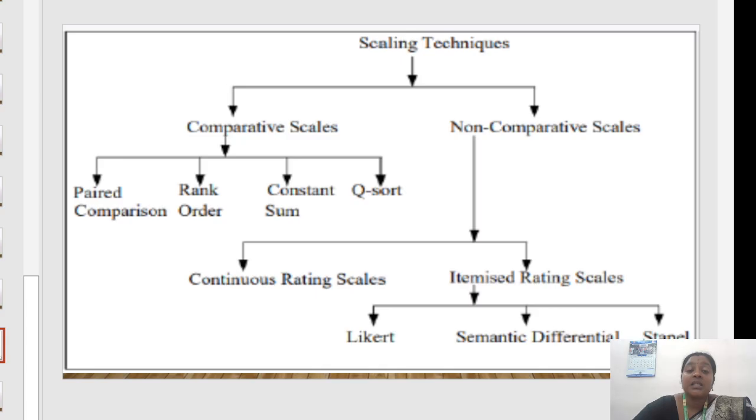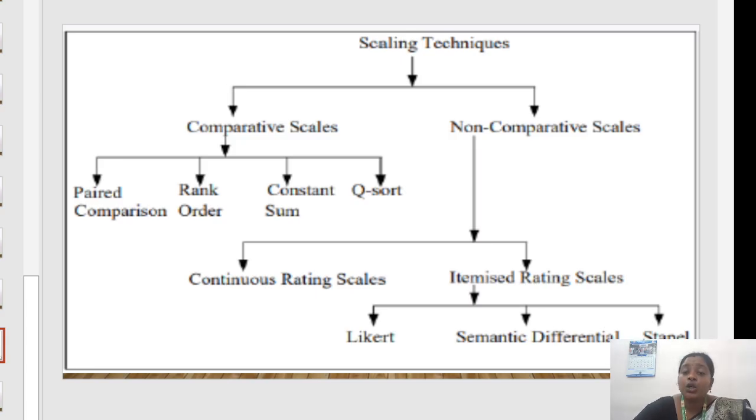Statements that represent equal intervals along the attitude continuum are selected for inclusion in the final scale. Respondents indicate the statements with which they agree, and their attitude scores are determined based on the scale values assigned to those statements. Although the Thurstone scale offers high precision and objectivity, its construction is time consuming and requires substantial effort from experts.